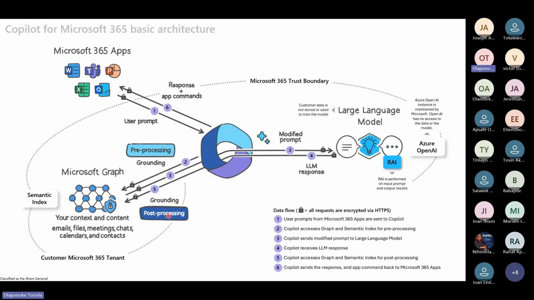Now the second grounding is going to be a post-processing, which means it's also going to make an additional call to your Microsoft Graph and do things like AI checks, reviewing security, compliance, and privacy, and then it generates the response. Lastly, you see the response as the user.